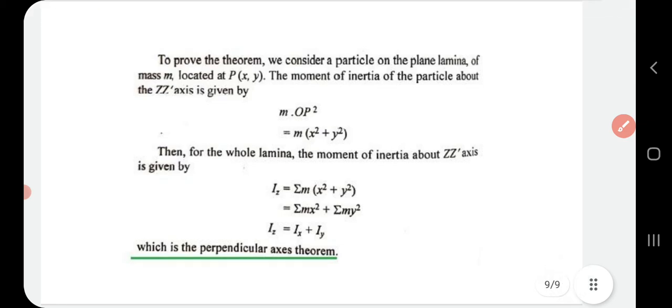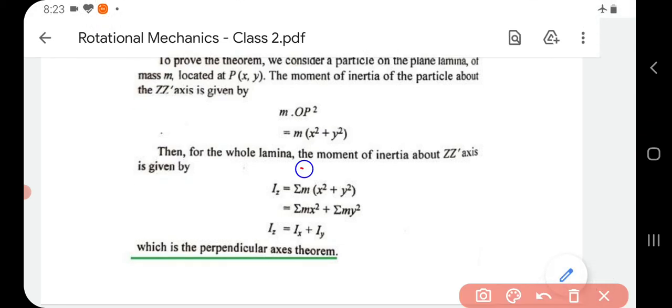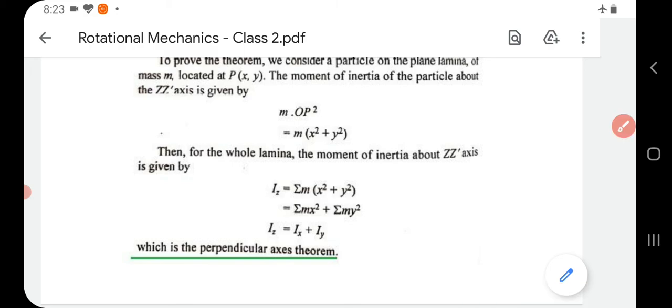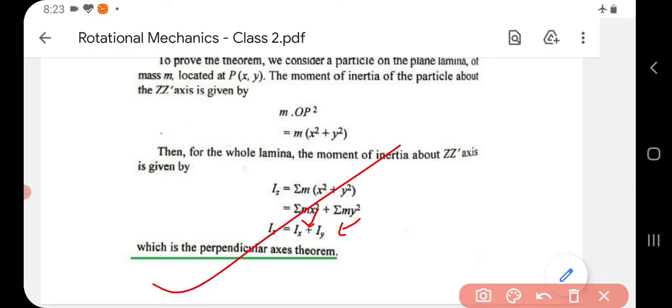Now the moment of inertia about z dash will be given by the sum, Iz equal to sigma m (x square plus y square). Expand it, it will reduce to Iz equal to Ix plus Iy. This is perpendicular axis theorem.